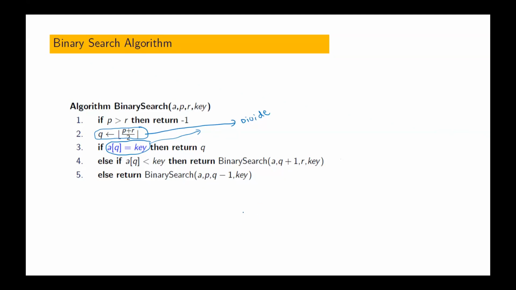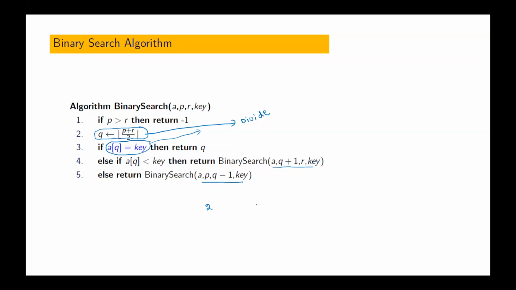What are the sub-problems here? How many sub-problems do we have here? In the code, there are 2 sub-problems, but either one is going to be executed. So actually, here we have 2 sub-problems. This is one sub-problem. This is another sub-problem.